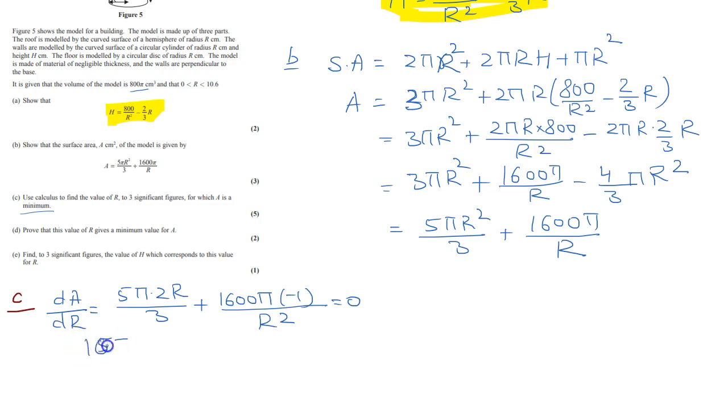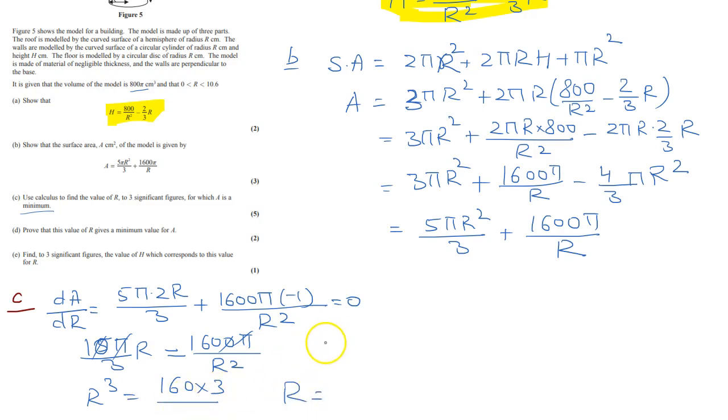So 10 pi over 3 r is equal to 1600 pi over r square. Pi and pi cancel, r cube is equal to 160, the 0 and 0 cancel, multiply by 3. So r will be the cube root of 160 over 3, cube root of 480, and that is 7.83.